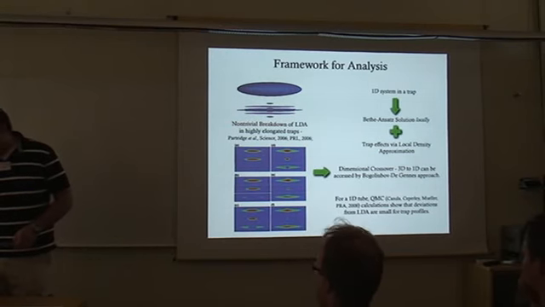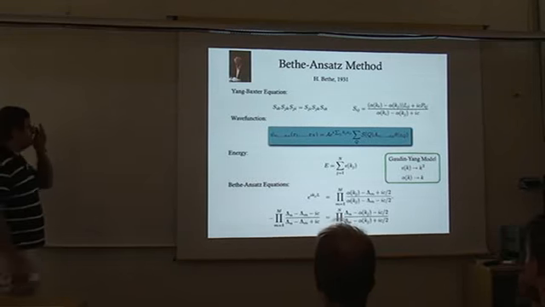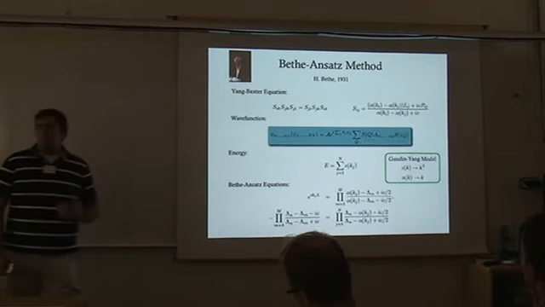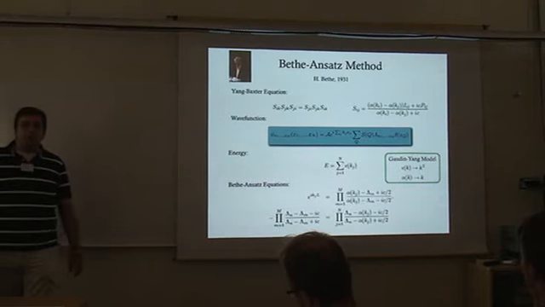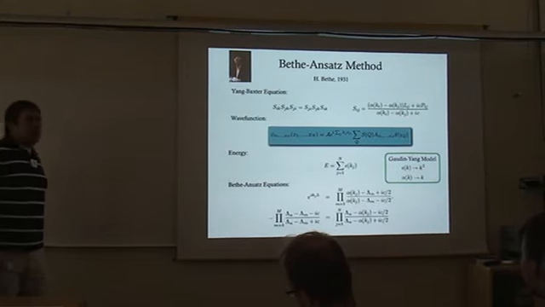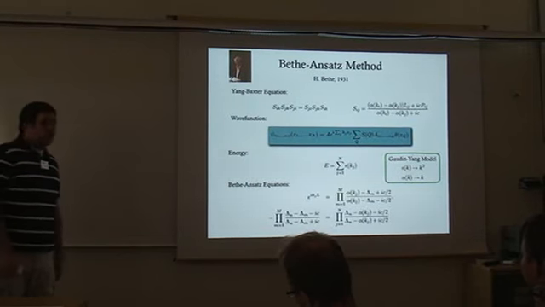So the technique, as I said, is the Bethe-Ansatz. This is the method which was introduced by Bethe for solving the spin-half Heisenberg chain. And those types of models which are solved by Bethe-Ansatz actually have infinitely many conserved quantities.